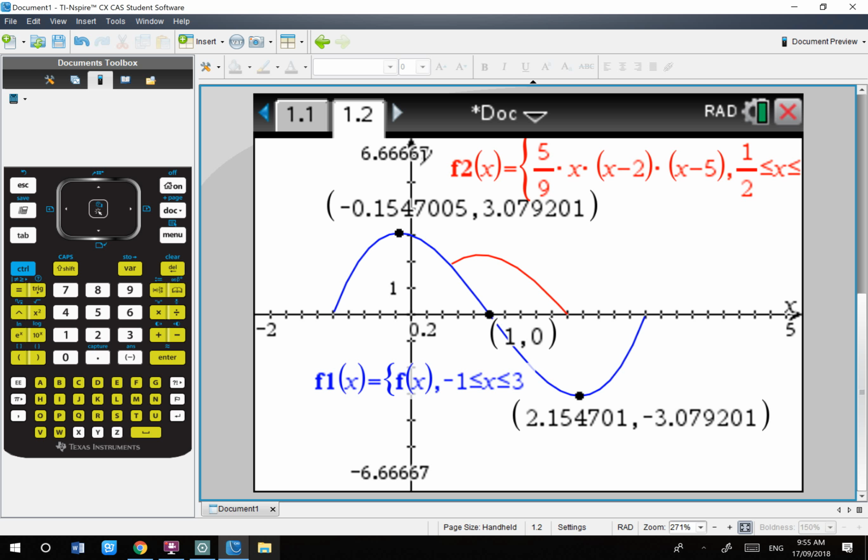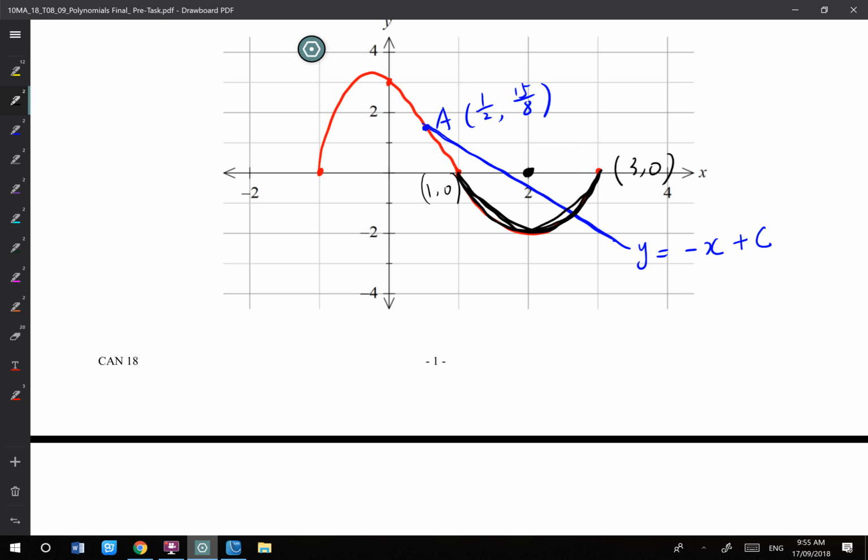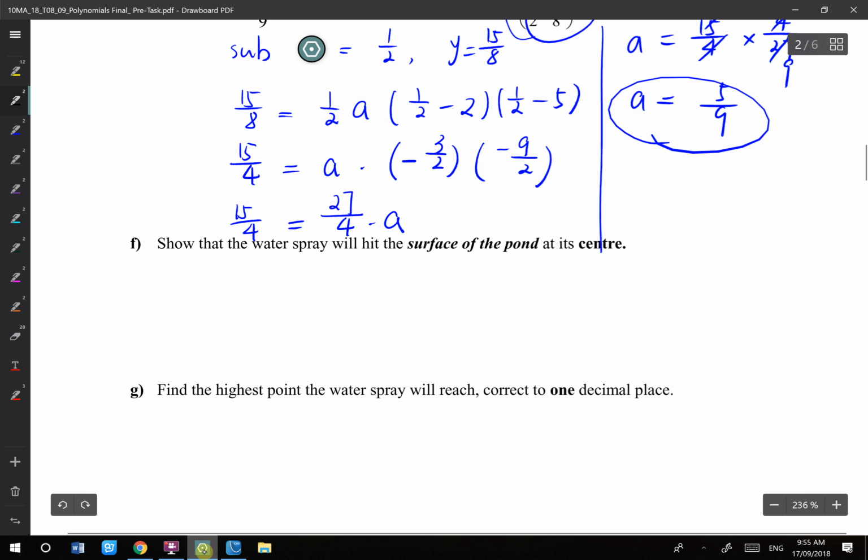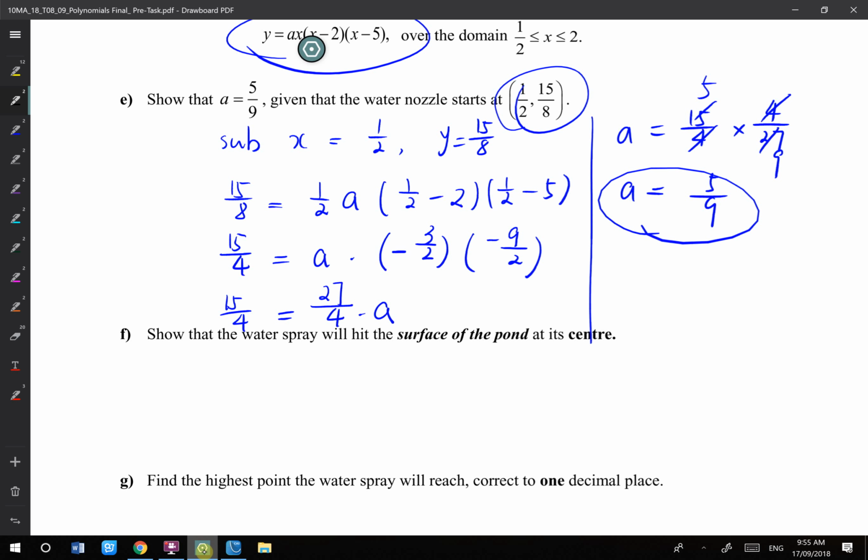So what I will do is solve the red graph equals to 0 to see where my x-intercept is. So what I will do here is, oh, sorry, that's not right.